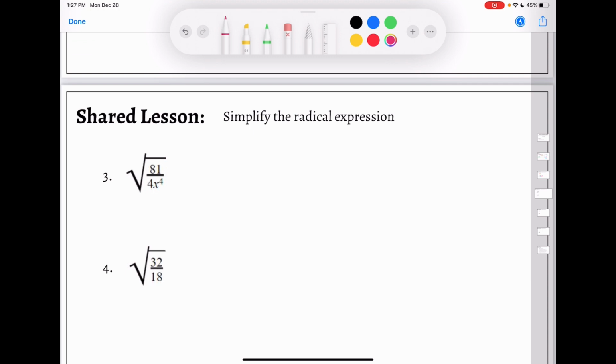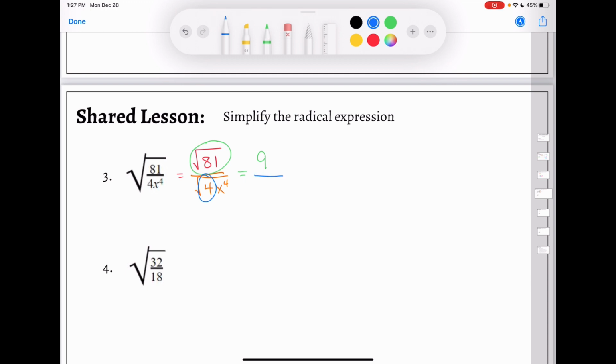All right, so now what if we kick up a notch here? Here I have square root of 81 over 4x to the 4th. So again, this is the same thing as splitting it into two separate radicals, square root of 81 on the top, and on the bottom, the square root of 4x to the 4th. Okay, well, square root of 81, it's a perfect square. That would be 9, right? Square root of 81 is 9. On the bottom, I have the square root of 4.